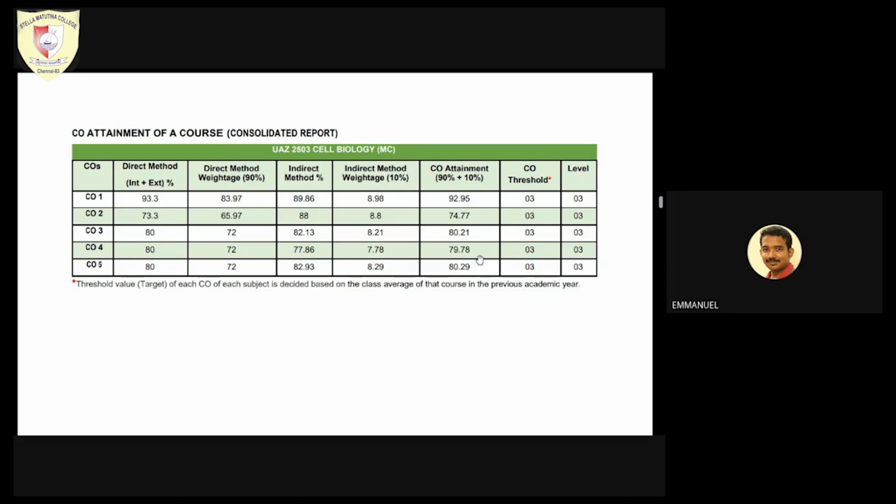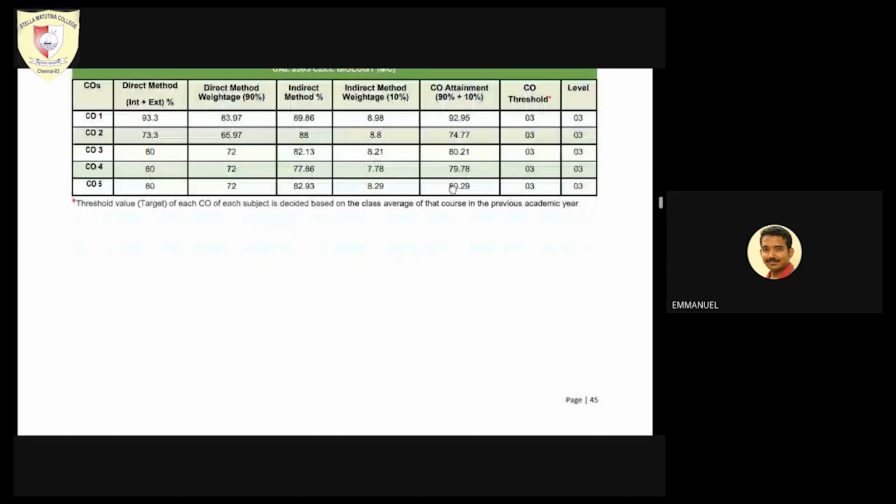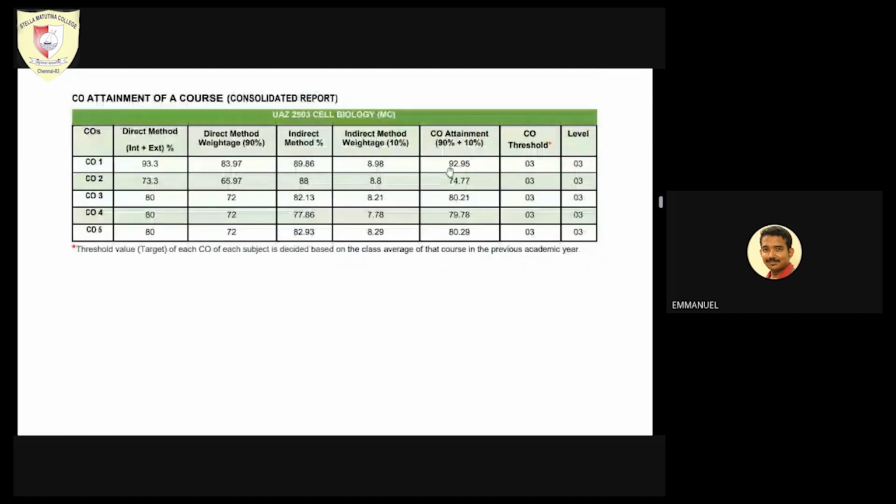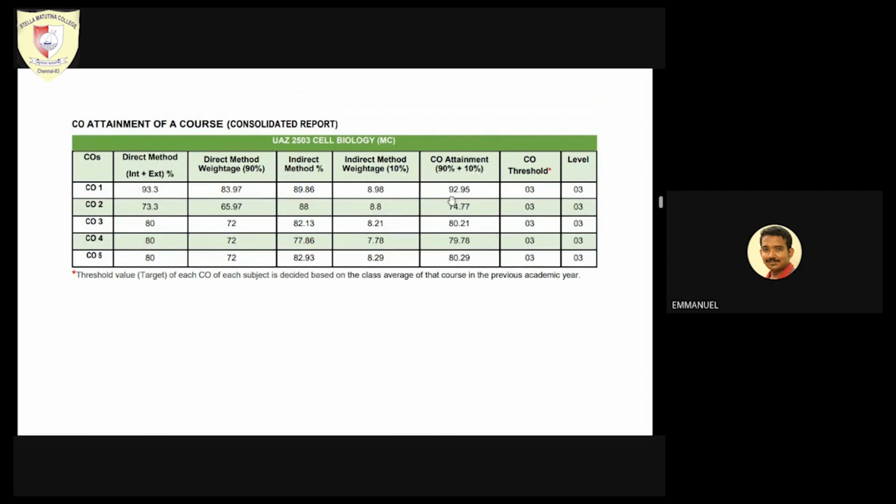It has nothing to do with showing to the students. It is to make a review of our preparation. And by looking into this CO attainment, we may analyze and fine tune for the next batch of students. That's it.